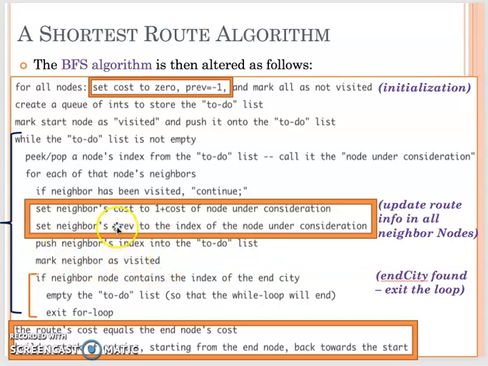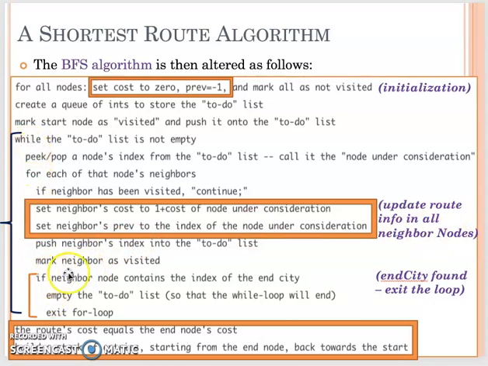But now because we need to find the shortest route, these two steps are actually added to the BFS search algorithm. We need to update the neighbor's cost equal to the considered node's cost plus 1. Then we set the neighbor's previous to the index of the node under consideration. So that updates the route info for all the neighbor nodes. Then afterward, we go back to the while loop.